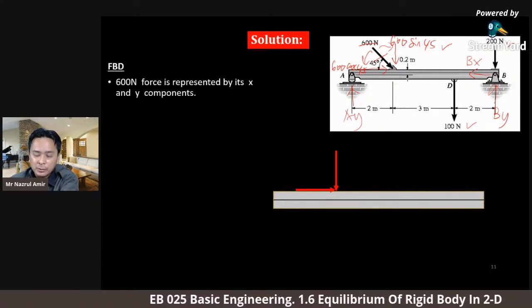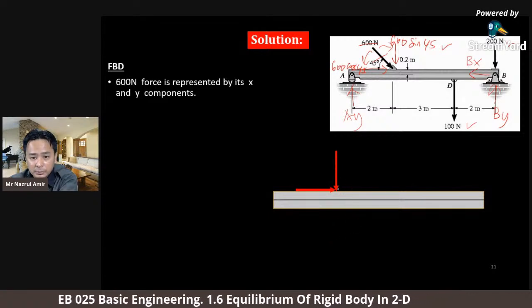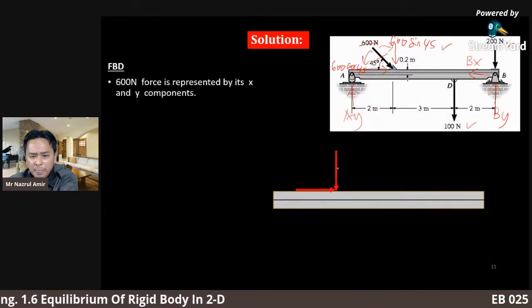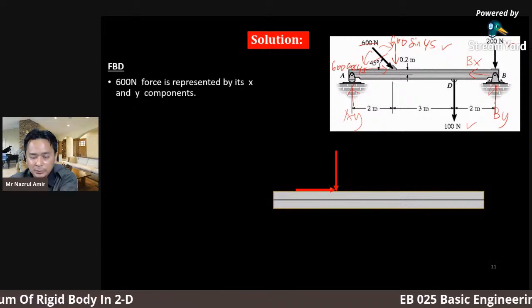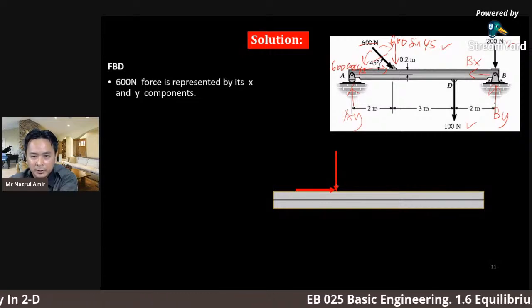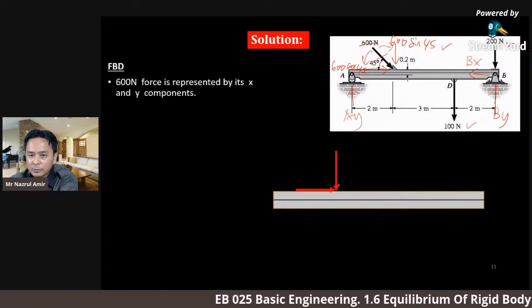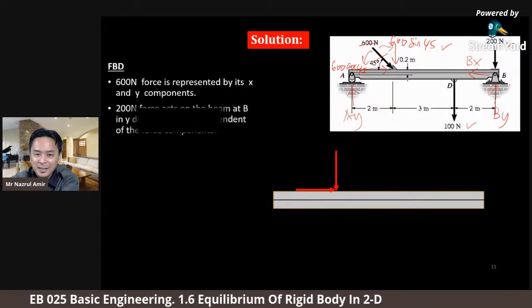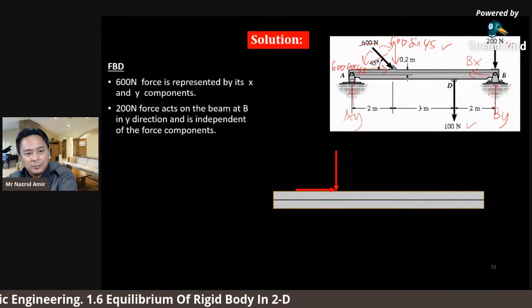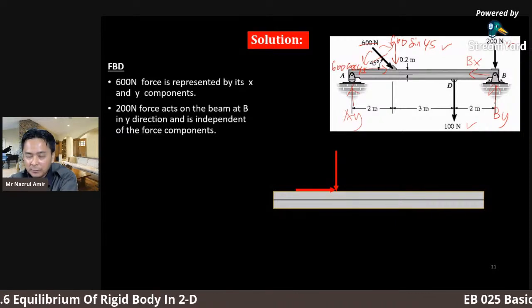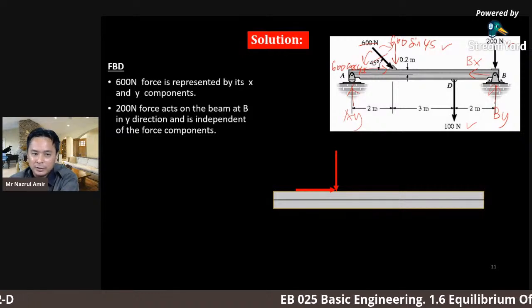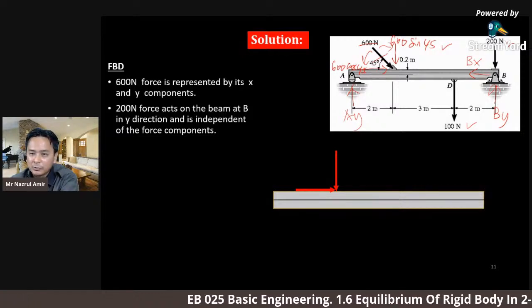So now, here is the graphical free body diagram. I will represent the action force with the red color. The red color arrows here represent all the action or applied forces. The 200 Newton applied force acts on the beam at B in Y direction and is independent of the force component.